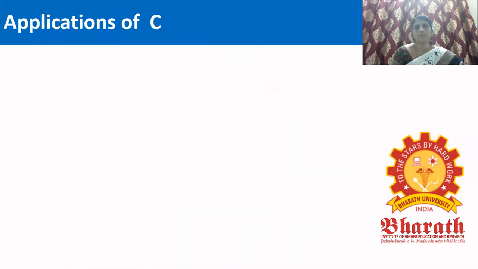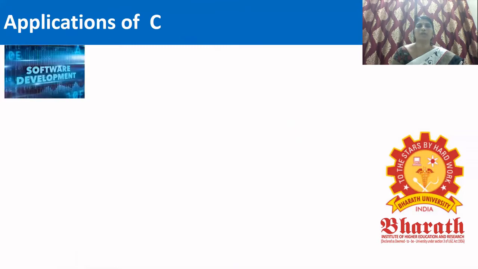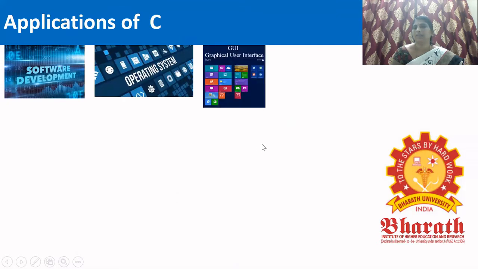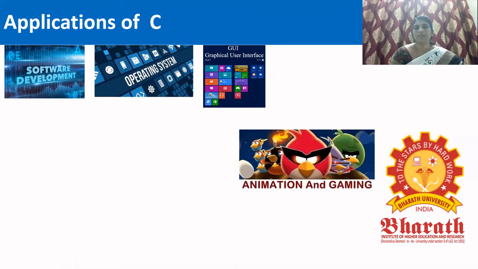Now the applications of C language: why we need to know more about C language and what are its important applications. First comes software development. Second, operating systems. Third, graphical user interfaces.